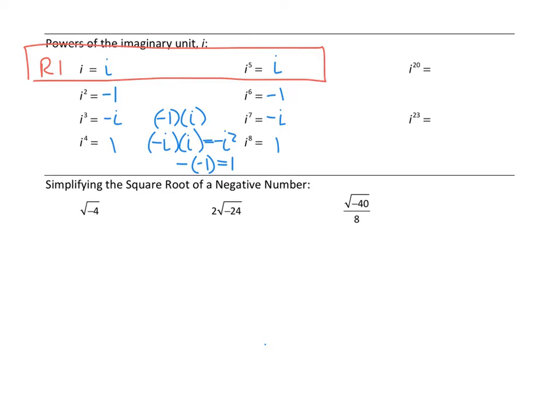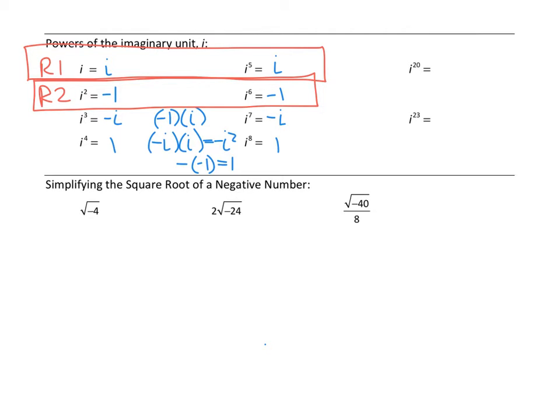If you divide the exponent by 4 and you get a remainder of 2, like i squared or i to the sixth, you will always get -1. So i to the 10th, i to the 14th, i to the 18th, these will all be the same as i squared, which is -1.